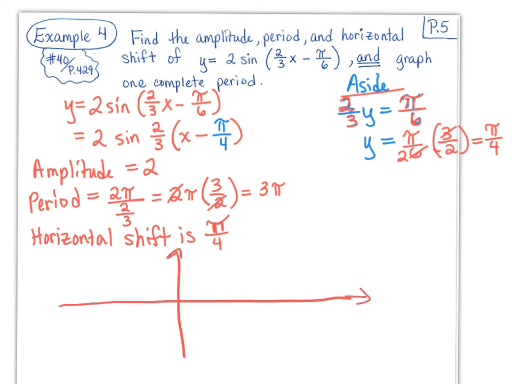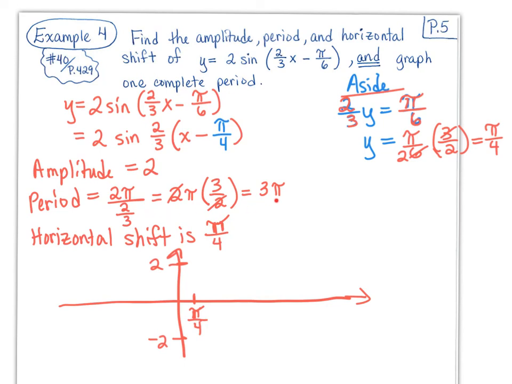So let's just sketch it. We take sine, so we know the largest value is going to be 2. The smallest is -2. We shift it by pi over 4, so that means we begin at pi over 4. We're shifting to the right by pi over 4, so we're going to end at 13 pi over 4, because we want one complete period.